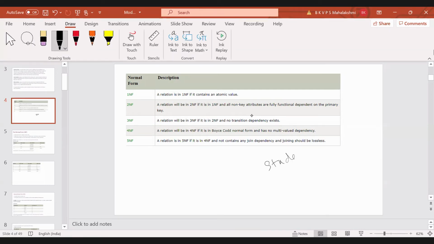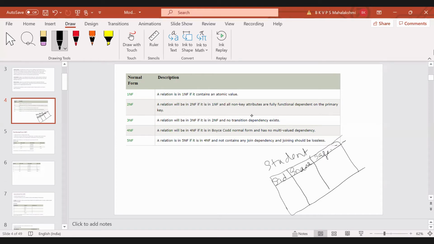See, if I take the student schema, it has a number of attributes, that is SID, SNAME, SH, etc. And from all of this, tell me which one will be the primary key attribute?